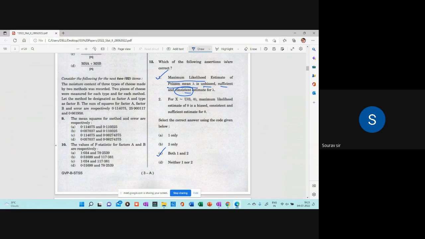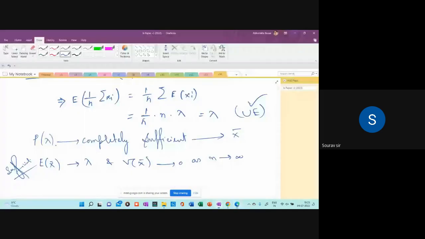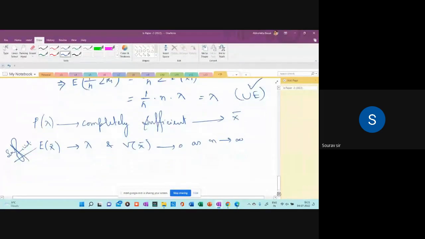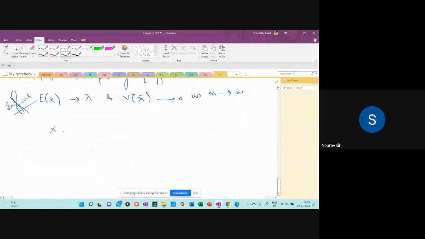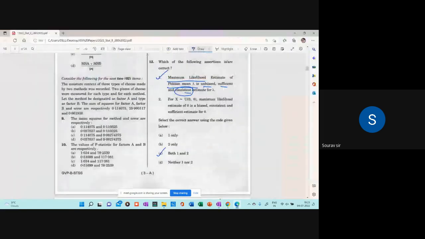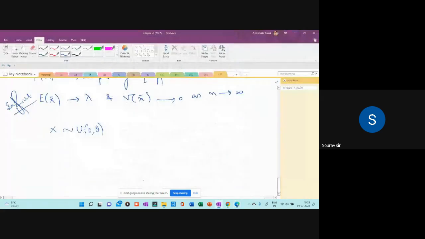Coming to statement number 2, they say that x follows uniform 0 theta. If x follows uniform 0 theta, then the maximum likelihood estimate of theta is biased, consistent and sufficient. So what is the maximum likelihood estimator?